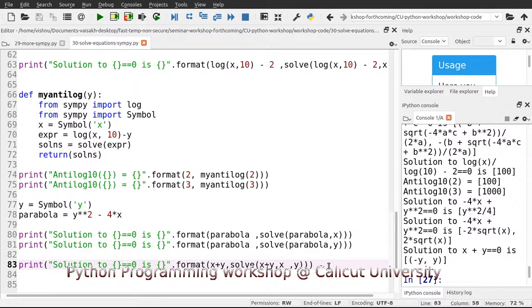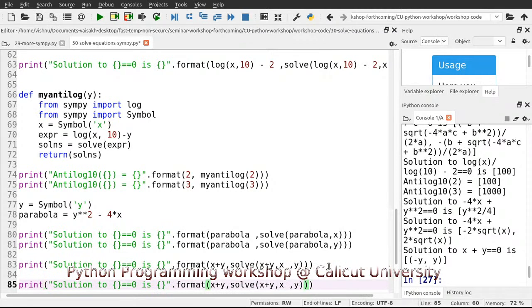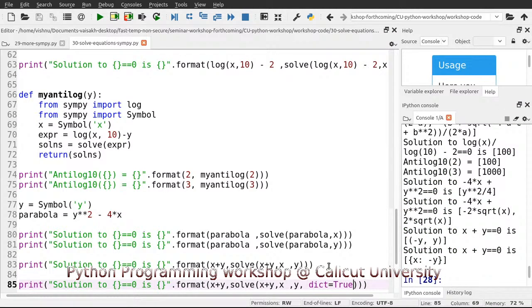So if you want to clearly know what exactly is meant by that, which variable corresponds to y and which variable corresponds to minus y, then you can turn on the dictionary option. In that case, x is equal to minus y is the solution.